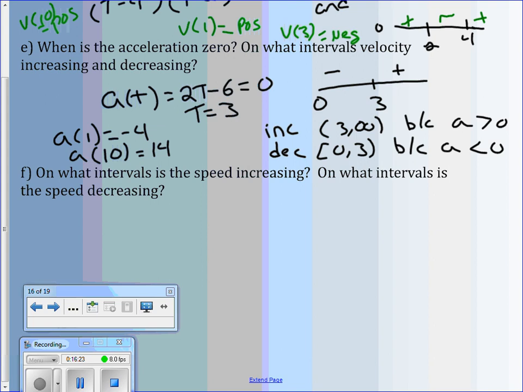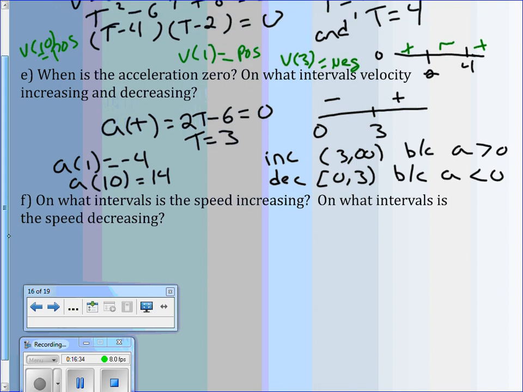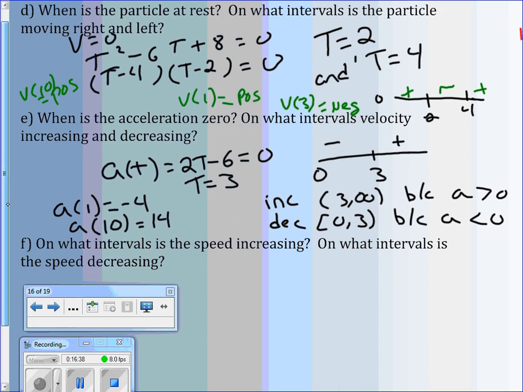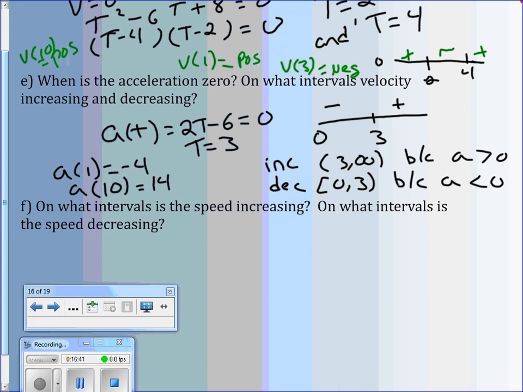When is speed increasing? When velocity and acceleration are the same sign. Right. You're going to look for when the velocity and the acceleration are the same sign. What I'm going to do is take the two sign charts and combine them. Oh, that's not tricky.